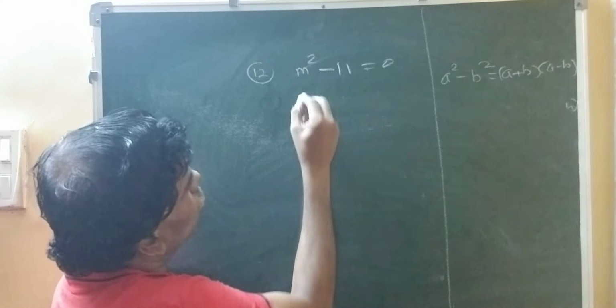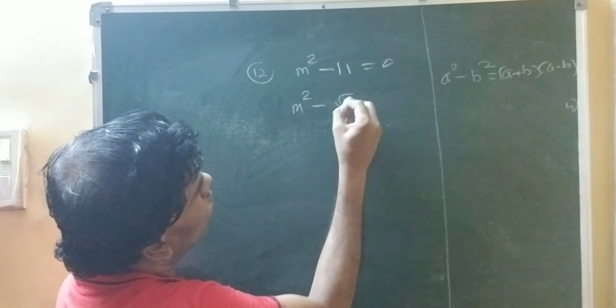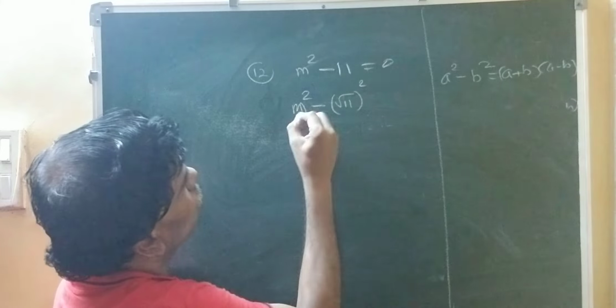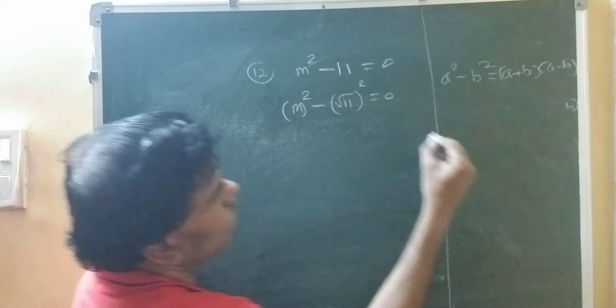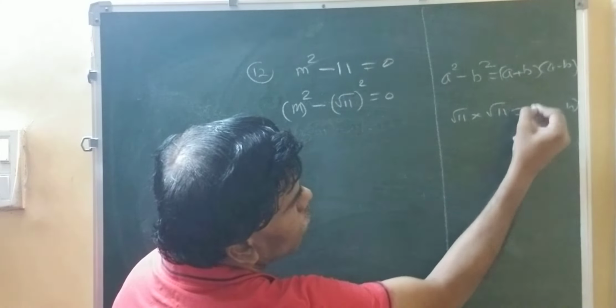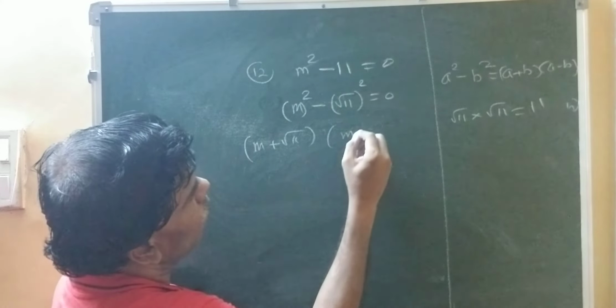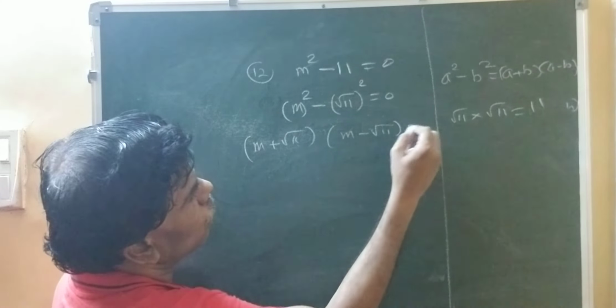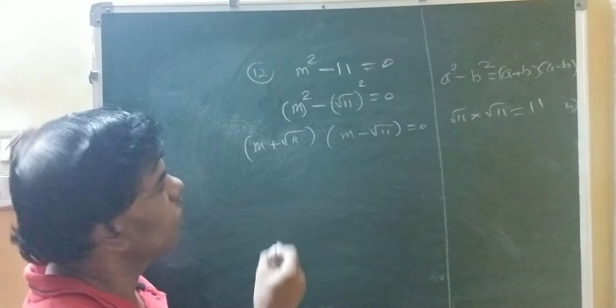Okay, so m square minus root 11 the whole square equal to 0, because root 11 into root 11 equal to 11. Okay, now m plus root 11 into m minus root 11 is equal to 0.